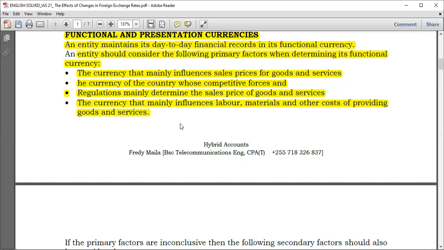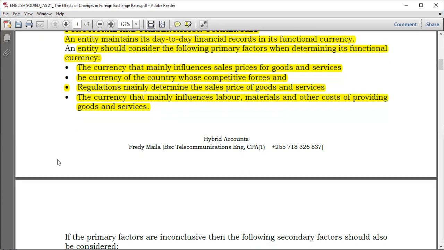And what about production? Even if you have gone through performance management, you would know that when you're producing, you would have materials and then you would have conversion costs, that are labor as well as overheads. So that's why when they speak of labor, materials, and other costs, it means we are just speaking of cost of sales, although you cannot see it directly. So you have to see it that way.